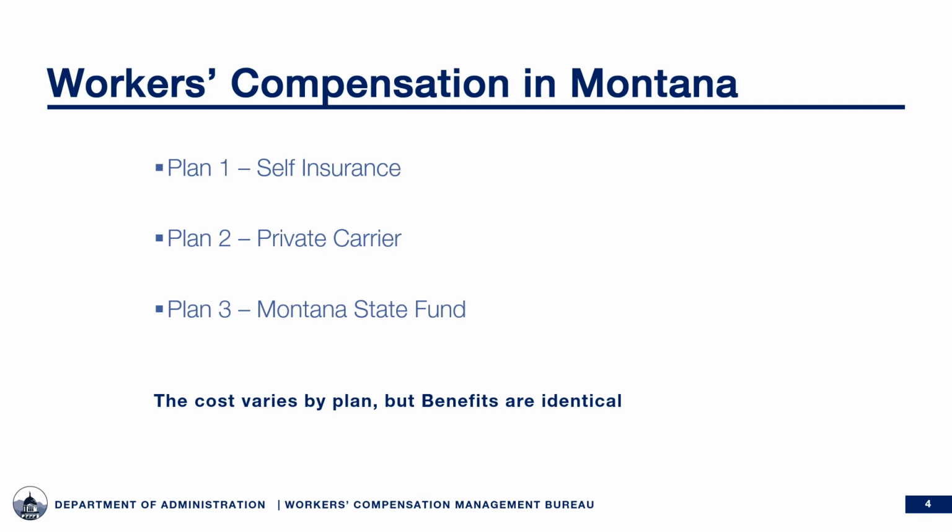This is set up for businesses who cannot find coverage on the open market due to the assigned risk of the work their employees are conducting. The cost can vary from plan to plan, but the benefits are identical. All state agencies for Montana are insured through Montana State Fund for workers' compensation insurance.